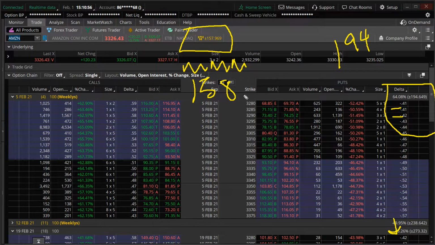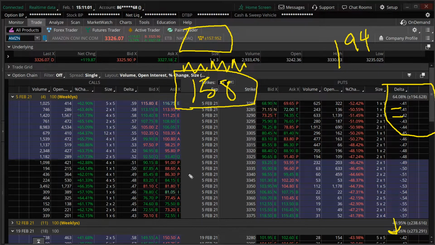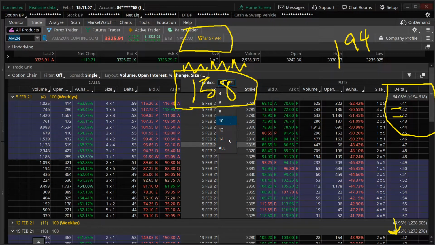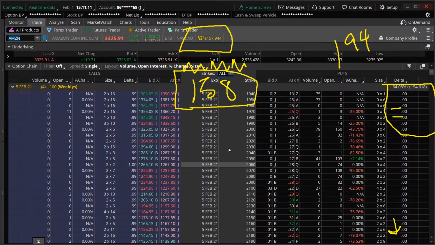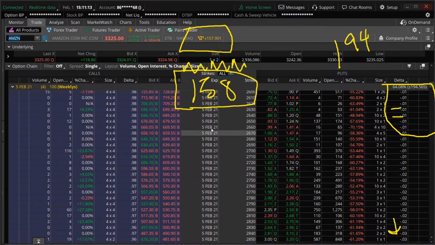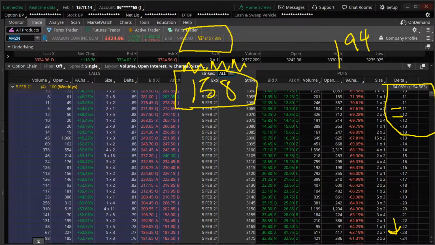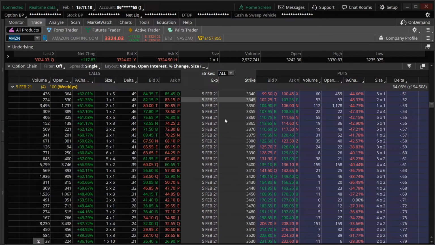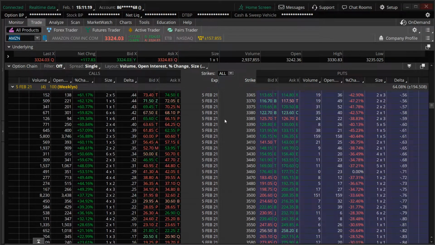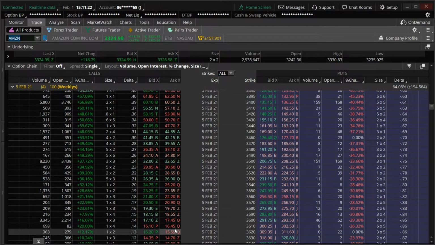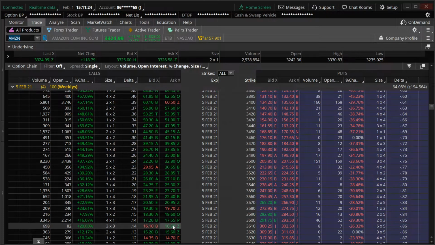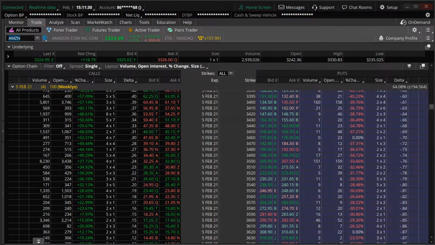If it doesn't move within that $158, and let's say you go and you buy a far out the money call option, and the same applies for put options, to be fair. Let's say you're really risky and you want to buy a 3,600 strike call option for $16, and Amazon only moves, let's say, $150 or $120.